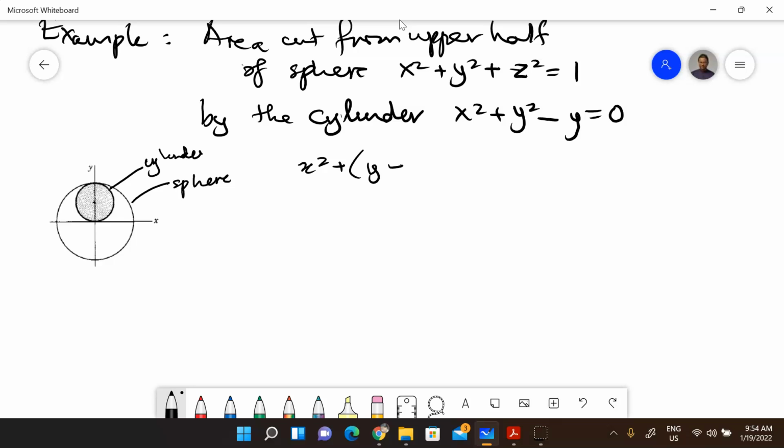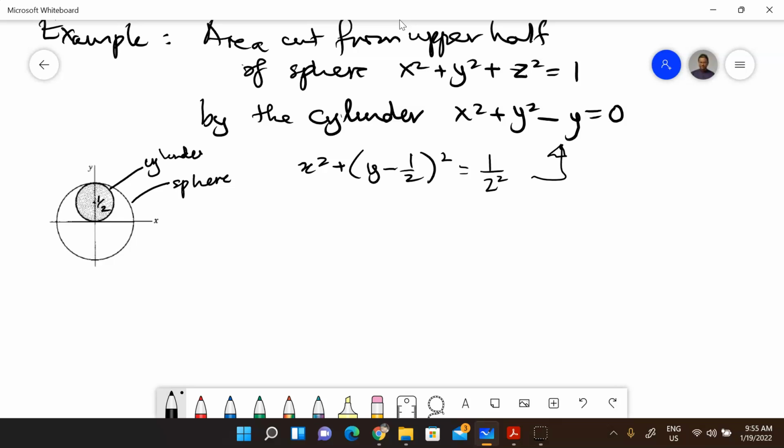So y minus a half squared equals, and this radius would be a quarter, 1 on 2 squared. If you expand this, then you get that equation there.